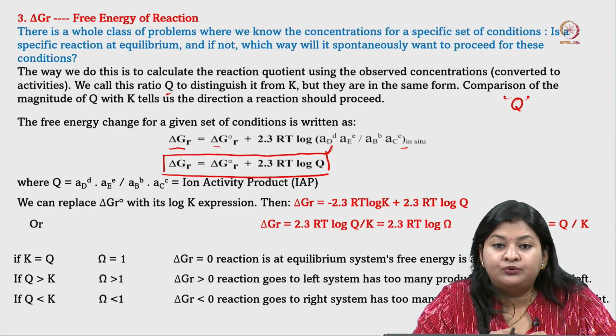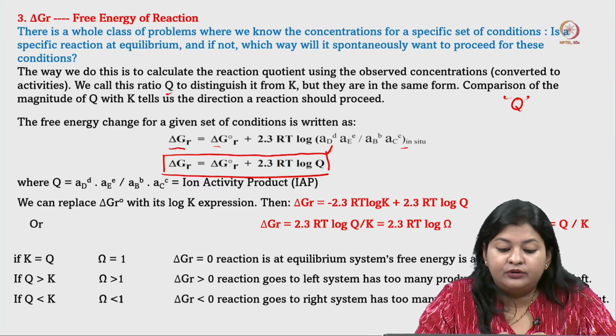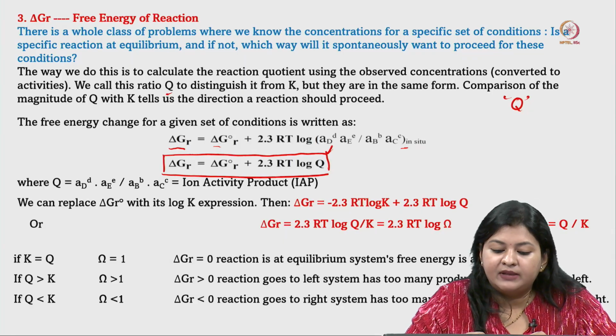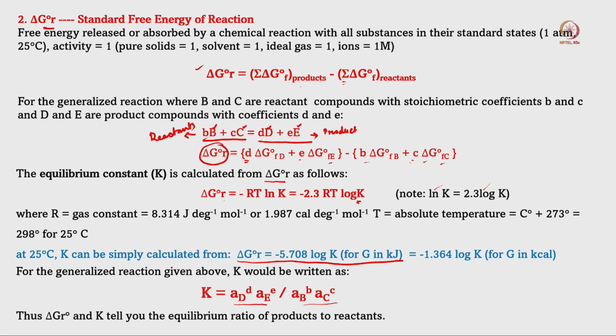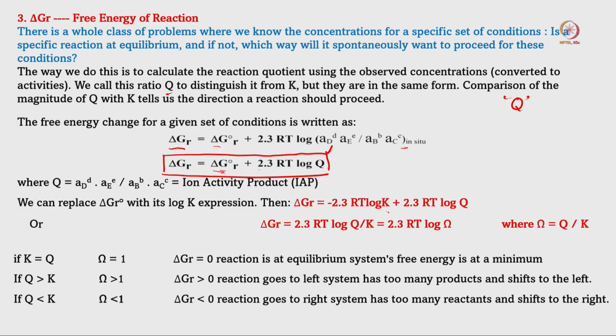Now, if we are going to replace this with the K term, how will it be? Delta Gr is equal to minus 2.3 RT log K plus 2.3 RT log Q. From here, for only the delta G0 R value, we are going to substitute the term minus 2.3 RT log K. So, delta G0 R is equal to minus 2.3 RT log K, and we replace it in this term.